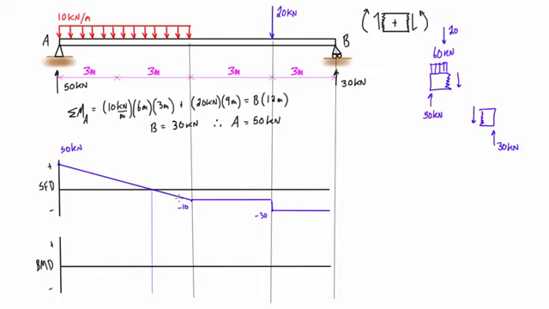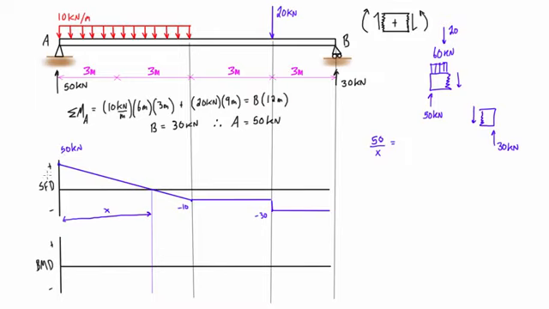The easiest way to do this, if it's not evident by just looking at it, is to use similar triangles. For this triangle we have 50, and let's call this distance x, from there to there. So this triangle's rise over run is 50 over x, and that's equal to this other triangle, which goes from here like that.